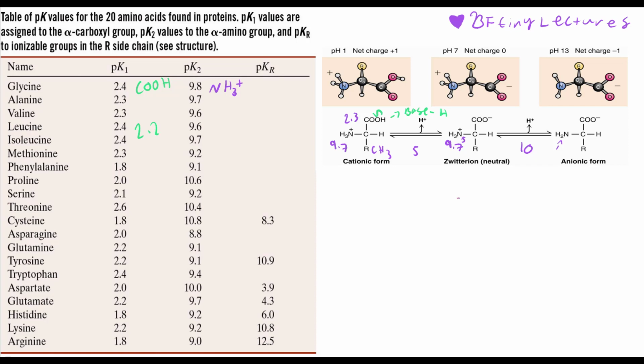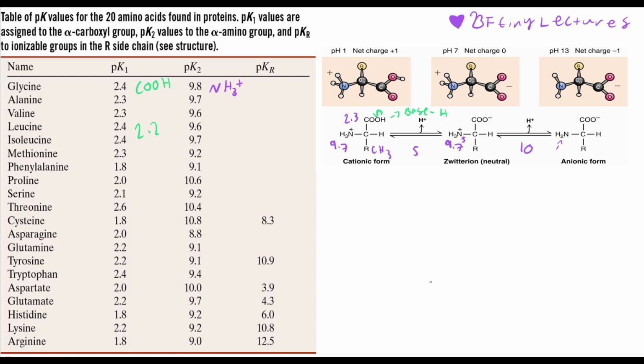Remember when I was talking about amino acids, I said there's an acid and a base here. So if you have a negative on the carboxyl and a positive on the amine, what does that make? It makes it neutral, because a positive plus a negative is 0. So +1 and -1 add up to 0.